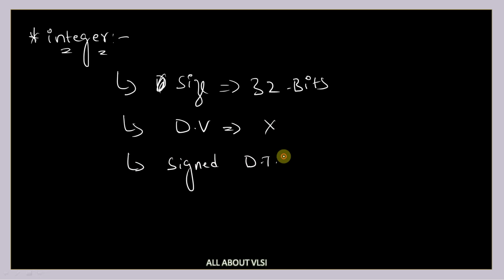What do you mean by signed data type? That if you try to store any negative value into this variable which has been declared as integer, then the value will be directly stored without any performance of 2's complement. For example, if we are having integer m, what will be the size of this m?